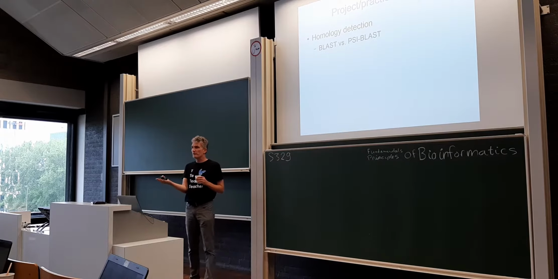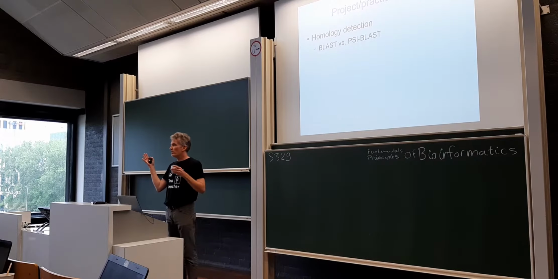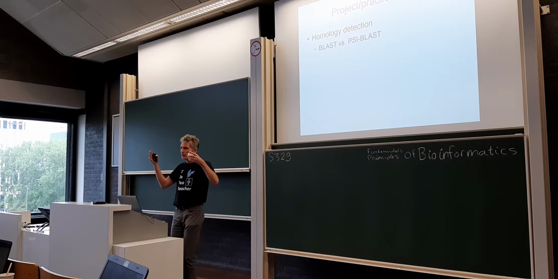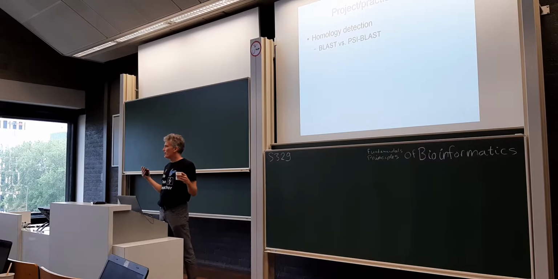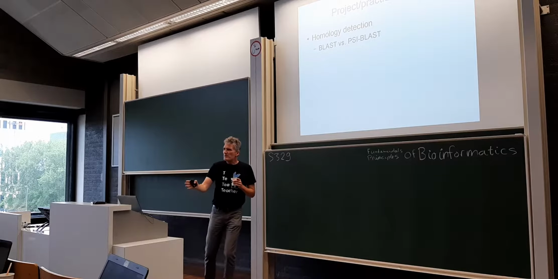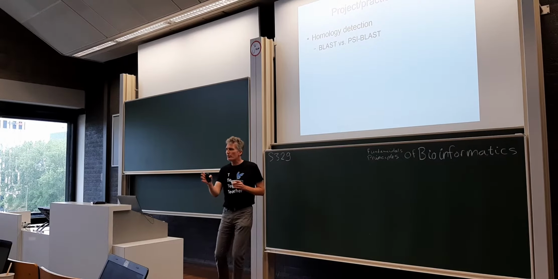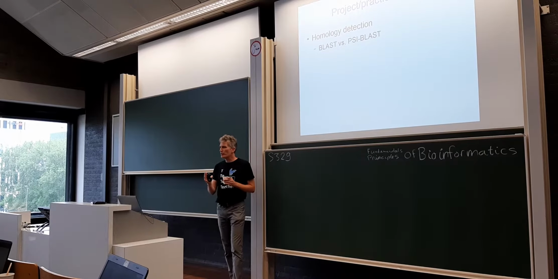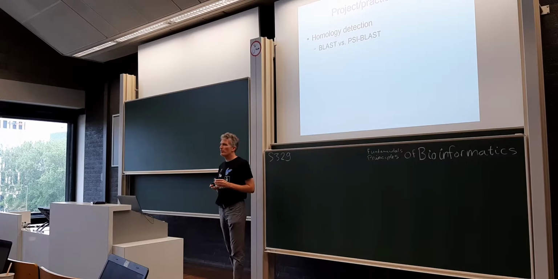Close homologs is easy, right? If two proteins are 80% identical in sequence, then they're homologous. Yeah, there's no doubt about it. 30%, quite likely. 20%, possibly. 10%, maybe. What's the lower limit?